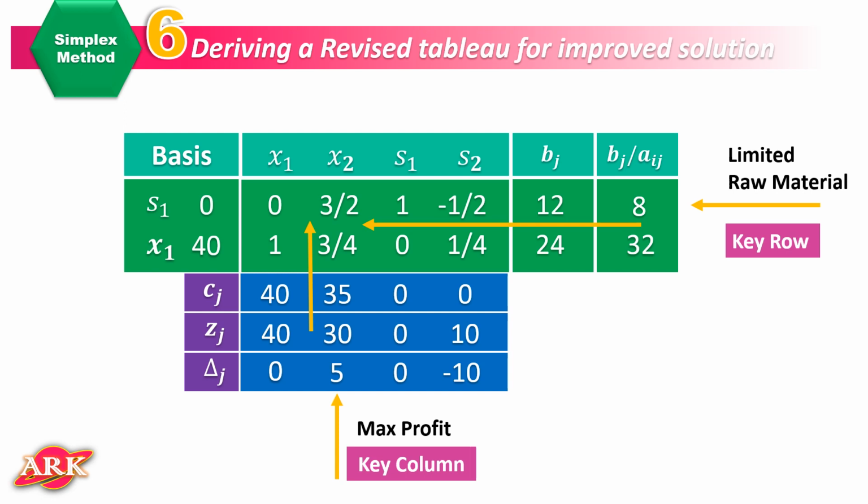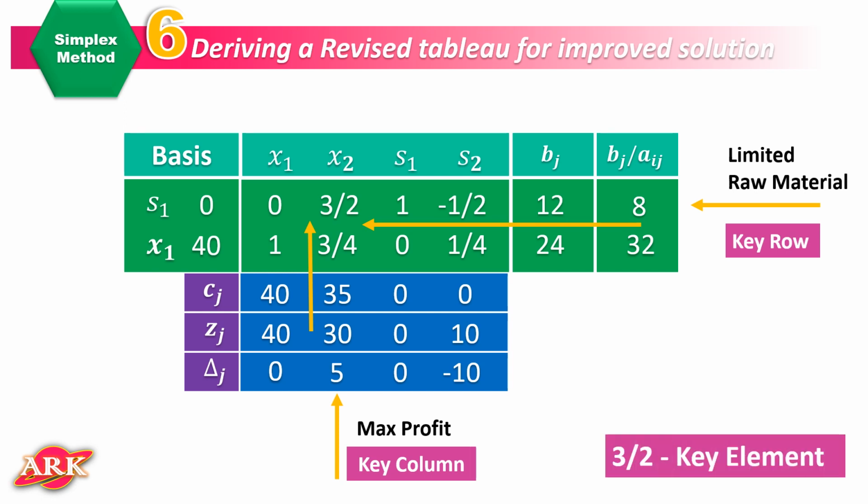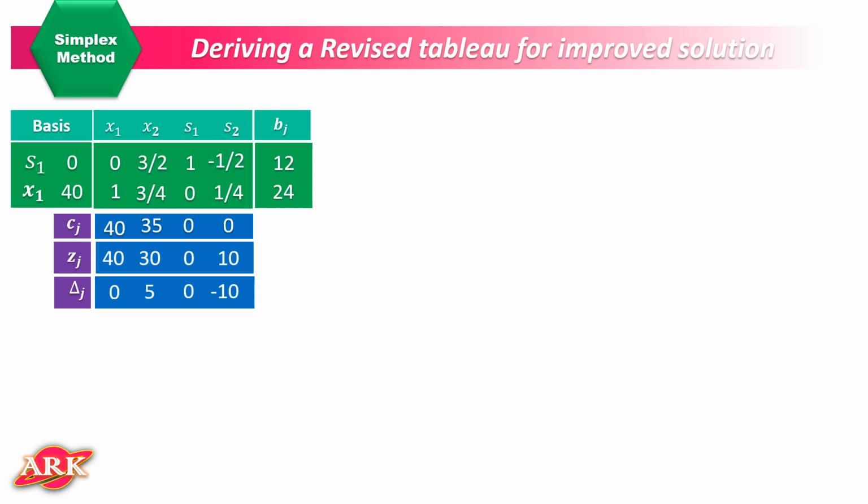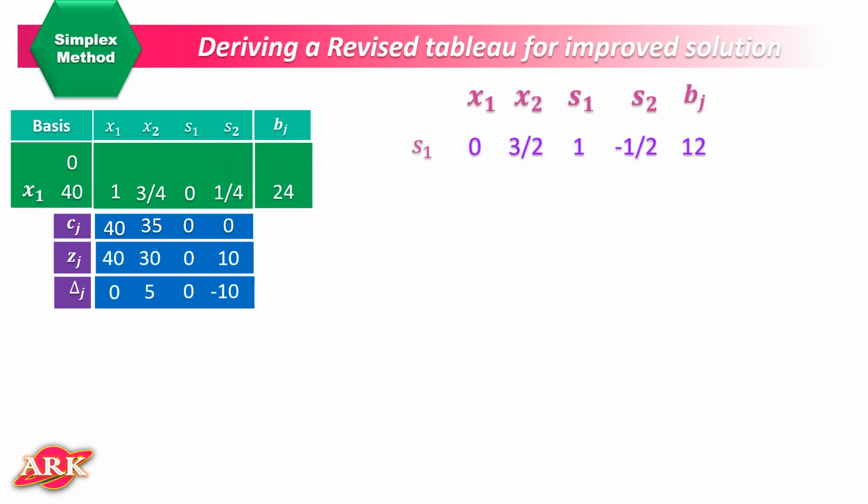And if you see, the element which is common for both the key column and key row is 3 by 2. Let it be the key element. Now we are going to process this table for a better and improved solution using the key element 3 by 2. Now we need to divide the elements of S1 by 3 by 2.